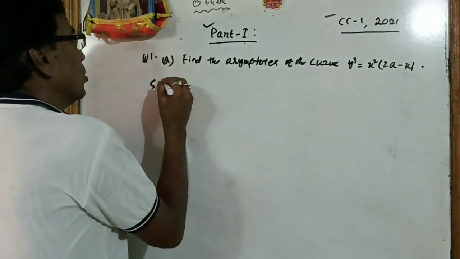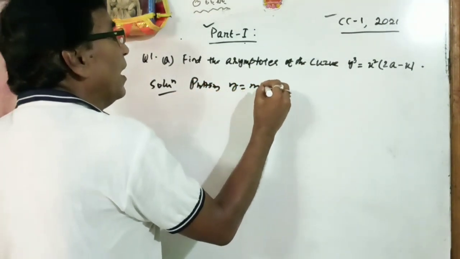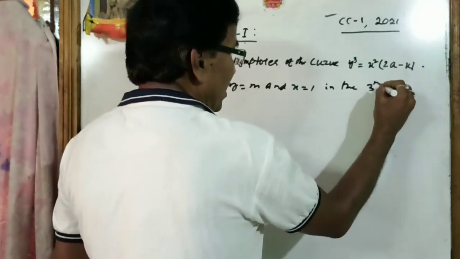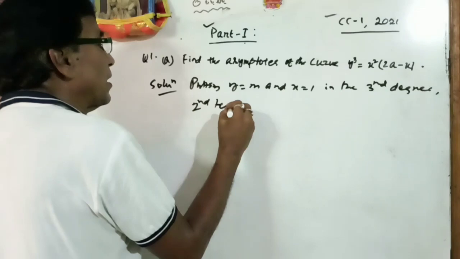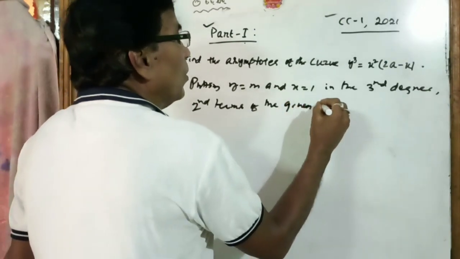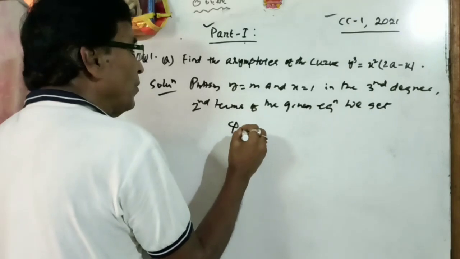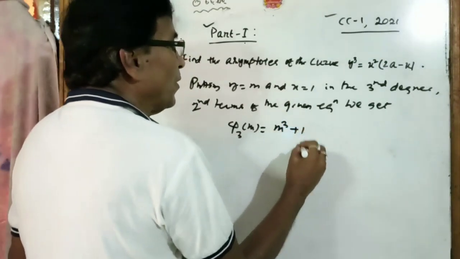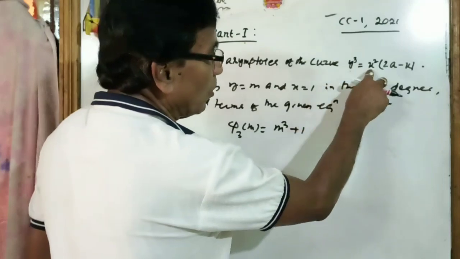Now for that, the solution: putting y = m and x = 1 in the third degree and second degree terms of the given equation, we get phi 3(m) = m^3 + 1, because putting y = m in the third degree term, it will be m^3 - x^3.